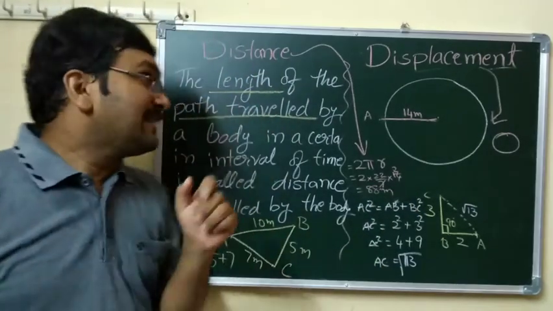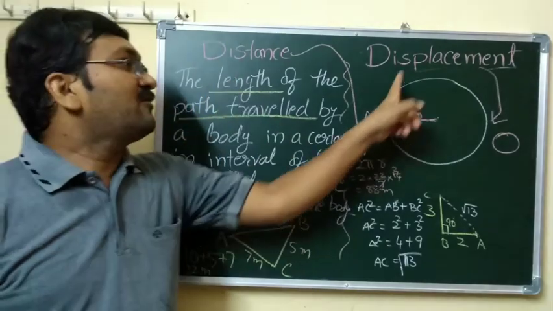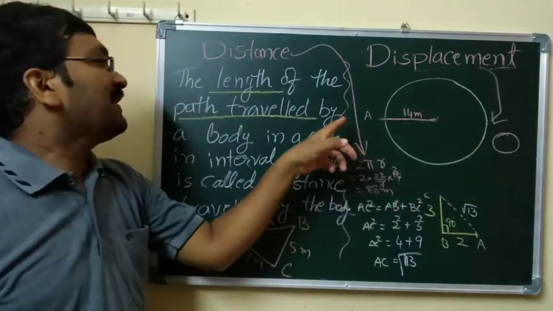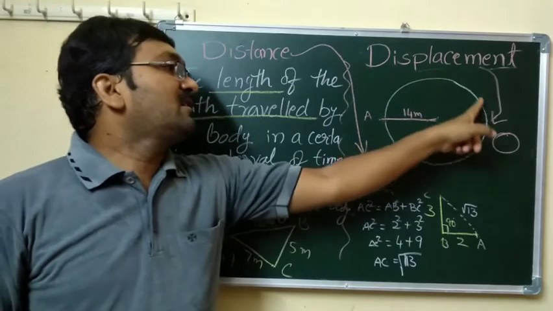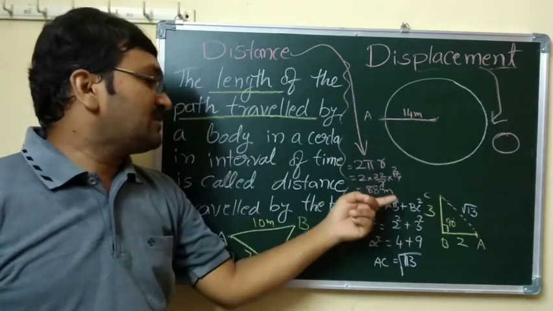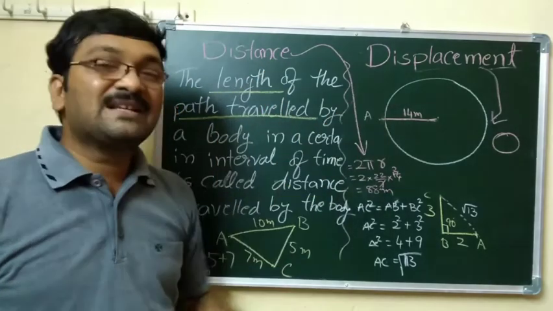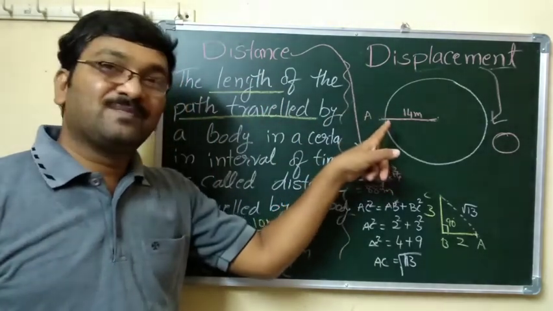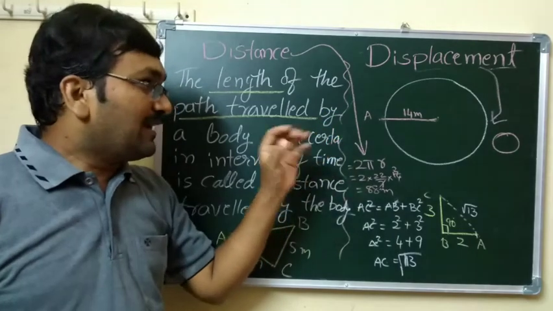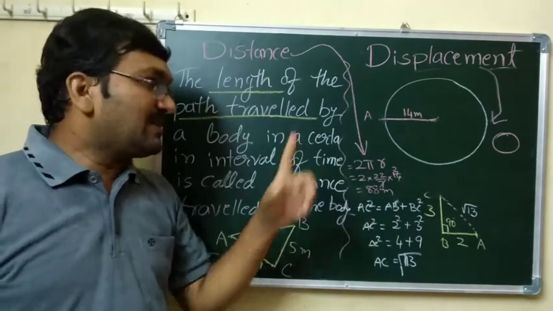Got the difference? Distance means the length of the path as he moved, and the total together is 88. But for the same thing, displacement is 0. This one is a little bit important, it will come up to the 10th class.